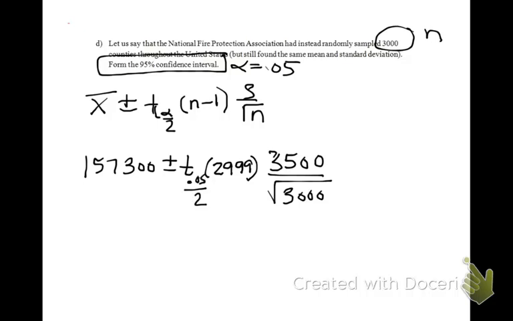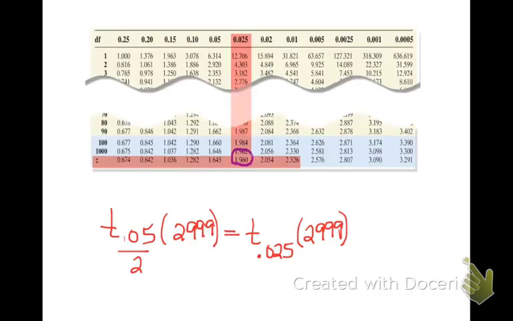The only thing left to find here is the t-value that we should plug in. 0.05, alpha, divided by 2, which would be the next column to the right, gives back a tail area of 0.025. Now if you come to the degrees of freedom and look for 2,999, you won't find it. Basically, they've said jump to the z-curve, leave the t-distribution, jump to the z. And this gives back 1.96.